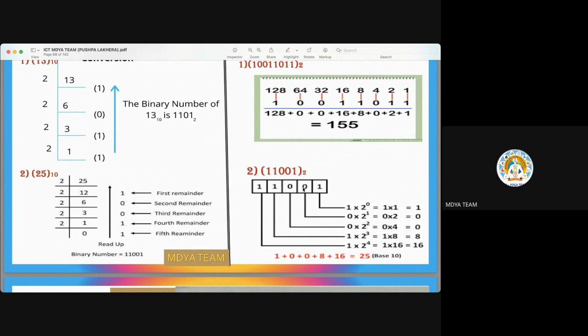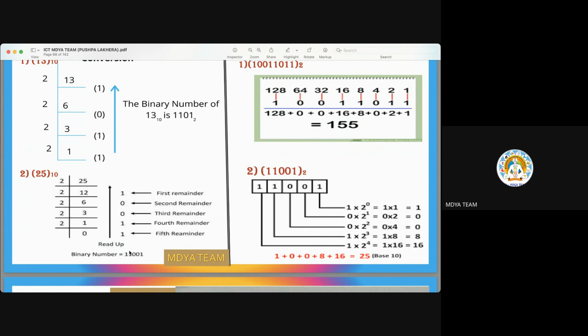But the powers are 2 raised to 1, 2 raised to 2. 2 raised to 3 is 8. So here it is 8. 2 raised to 4, that is 16. Multiplied by 1, it is 16. So add these numbers. 16 plus 8 plus 1 will come to 25.